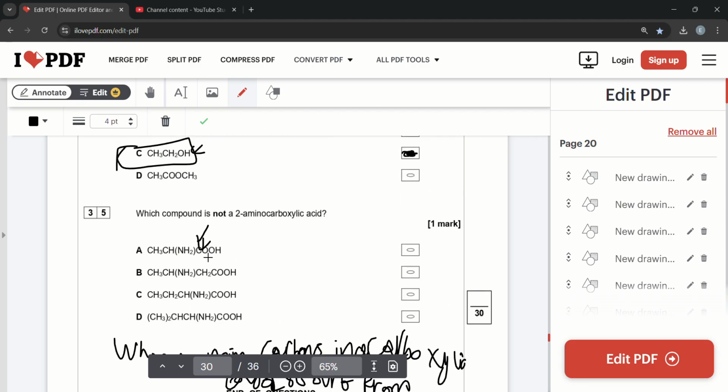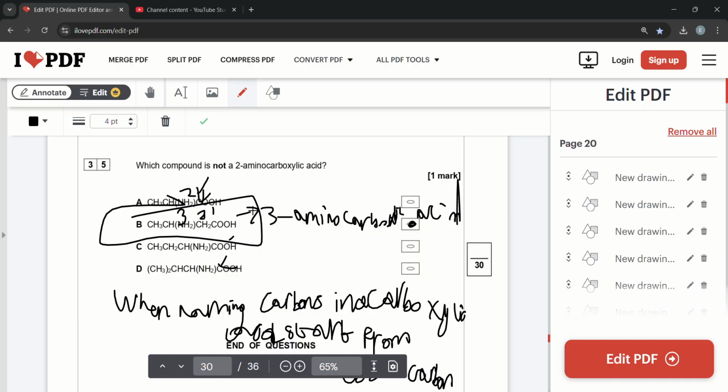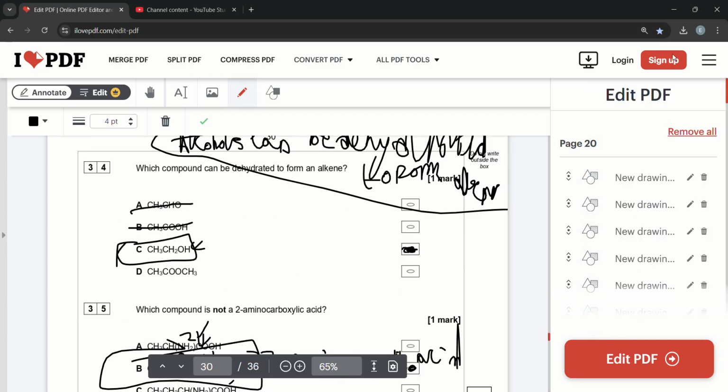So that's going to be the first carbon. That's on the second carbon. In this case, that's going to be the first carbon. That's going to be second carbon. That's going to be the third carbon. So that's going to be 3-amino carboxylic acid, and therefore that is not 2-amino carboxylic acid. These two, that is 2, that's 2. So the answer is B. It's not 2-amino carboxylic acid. And that is the end of multiple choice questions.